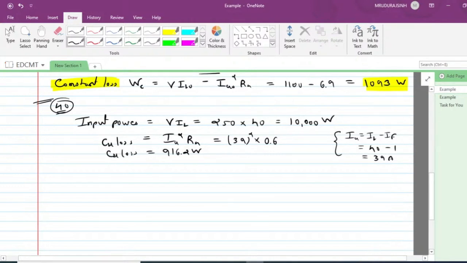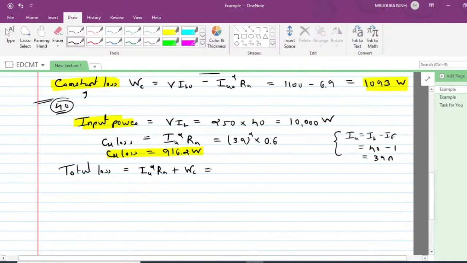So we have the input power, we have the Cu loss, and we already calculated the constant loss, right? So the total losses is equal to Ia square Ra plus WC, right?